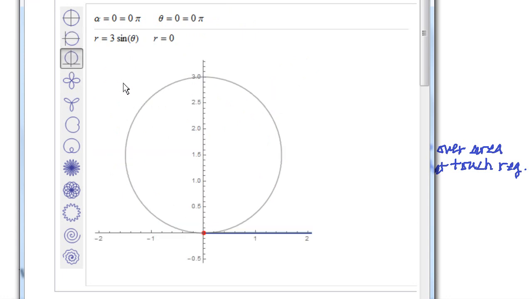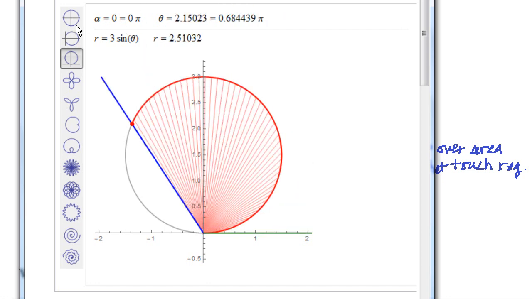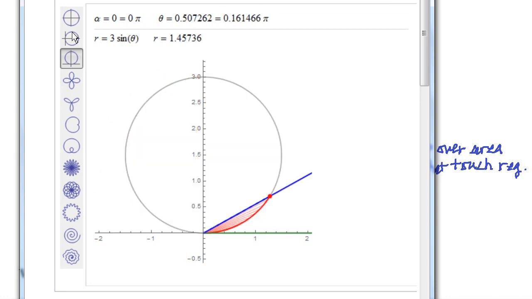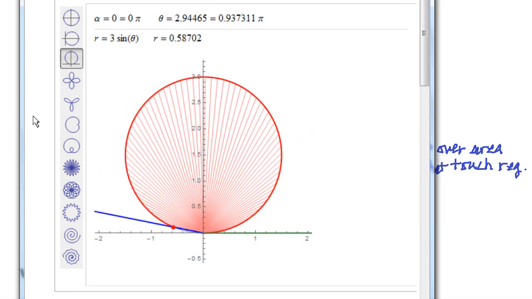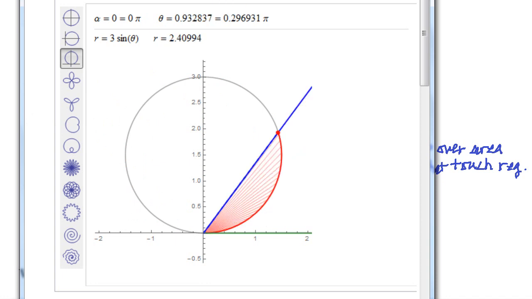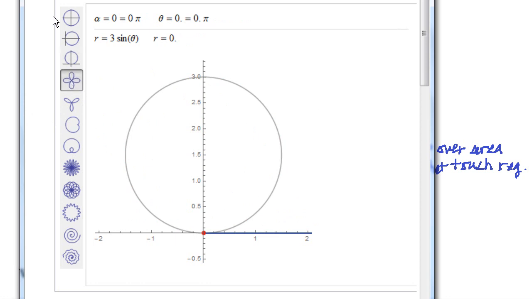Let's see, circle over here. This one's going to be 0 to pi. This is a little more straightforward. So right there you see the radial segment sweeping over the area. It's adding up those little slices from angle 0 over here to angle pi. And let's do one more.